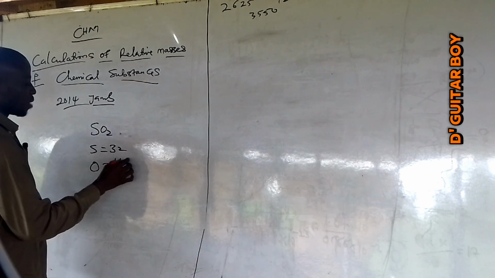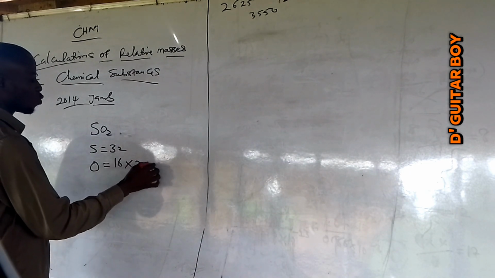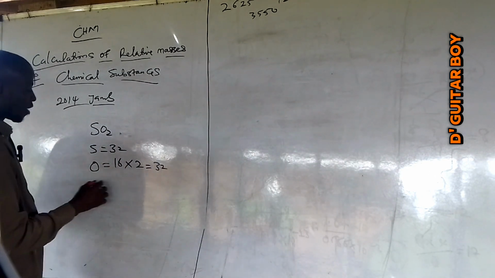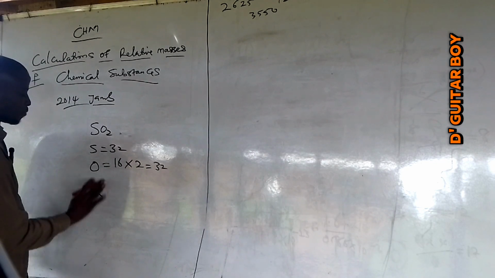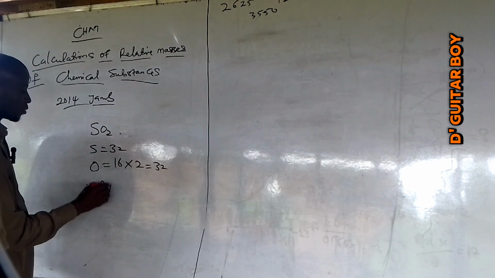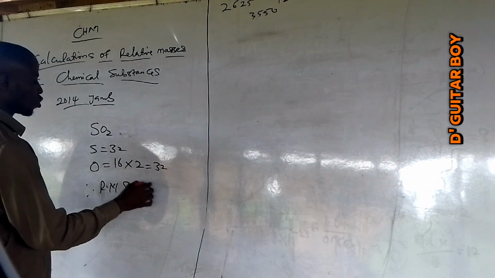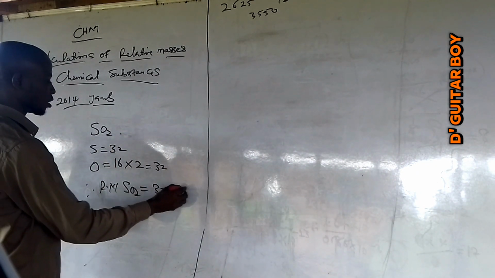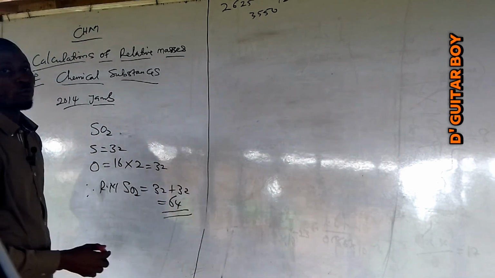So oxygen will be 16 times 2, which is 32. Therefore, the relative mass of SO2 will be equal to this plus this, which is 32 plus 32, which is equal to 64. This is the relative mass of sulfur 4 oxide.